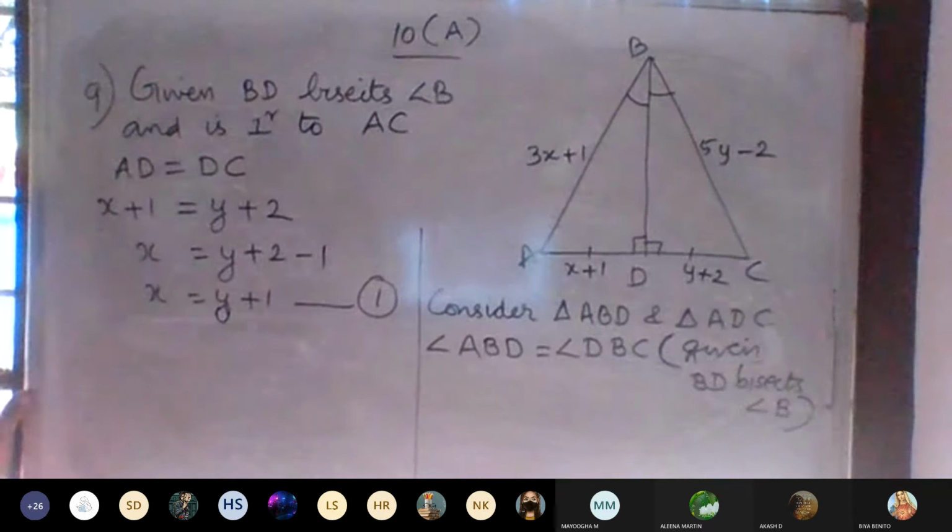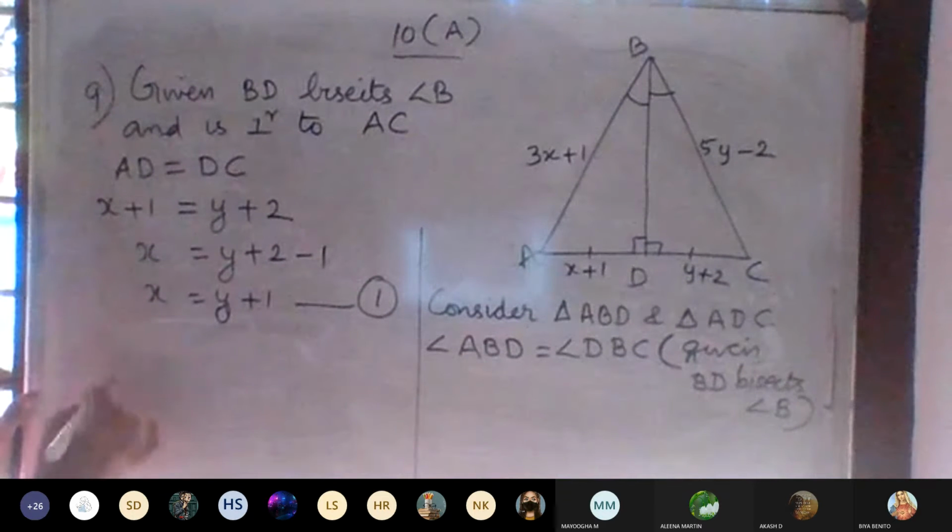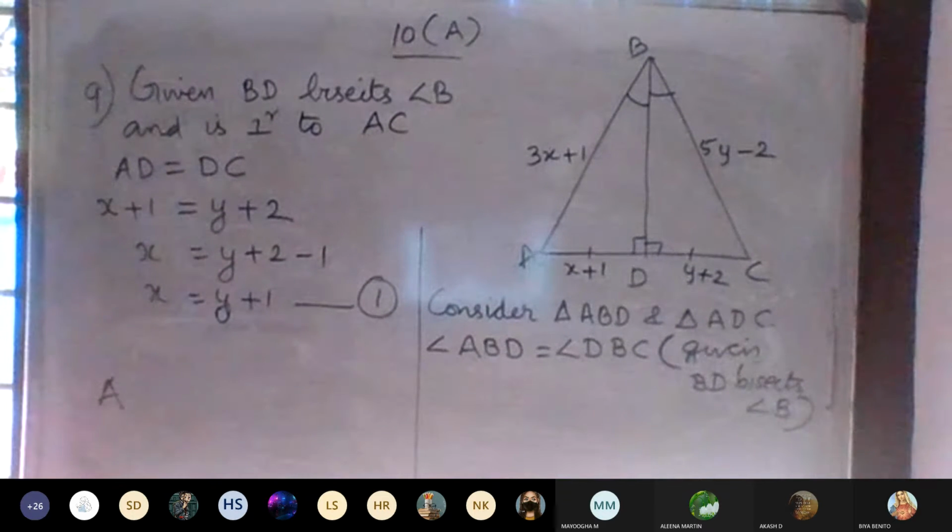So A we got for finding congruency, one angle we got. Then your favorite, which one? Angle BDA equal to angle BDC.